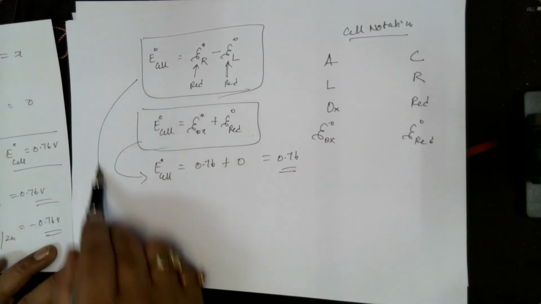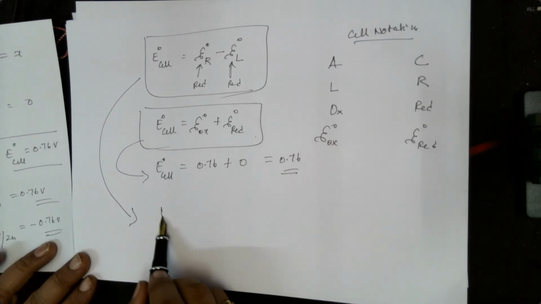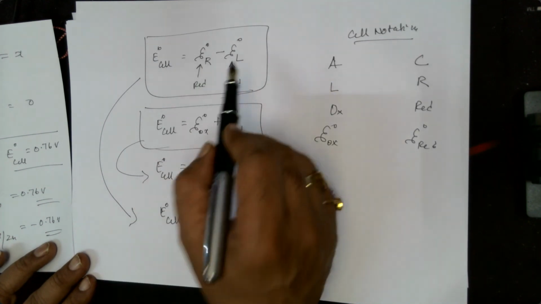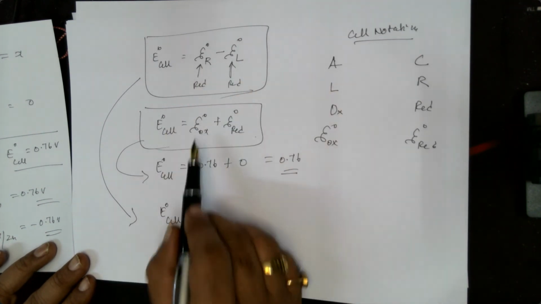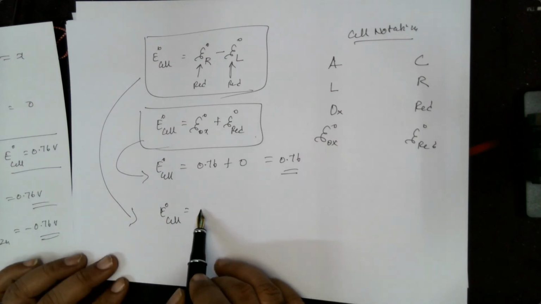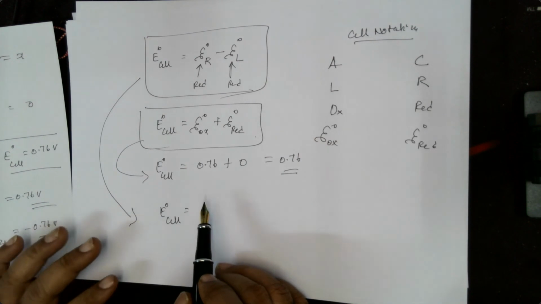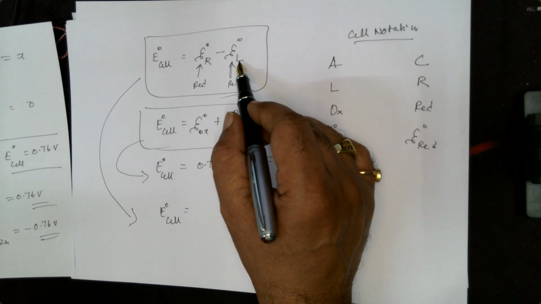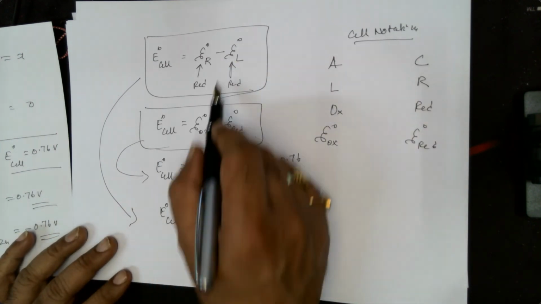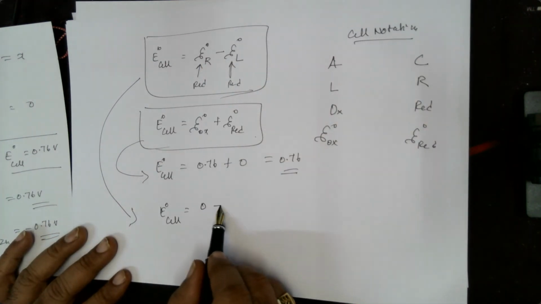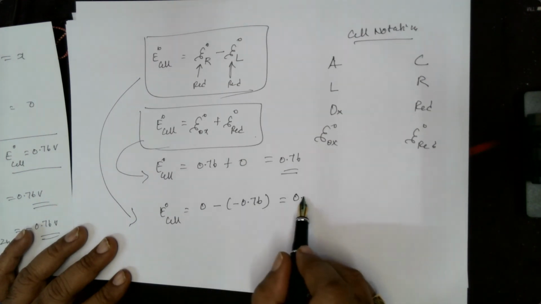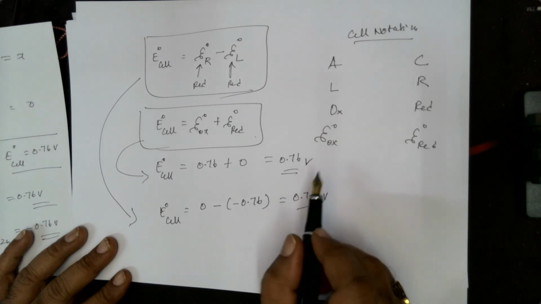If you want to maintain this equation, E naught cell, you have to use only reduction potentials in both cases. So if it is oxidation, I have to change the sign, is it not? Are you able to follow? So E right minus E left, on the left side I have put the oxidation, and this is 0 minus of minus 0.76. Now you get 0.76 only.